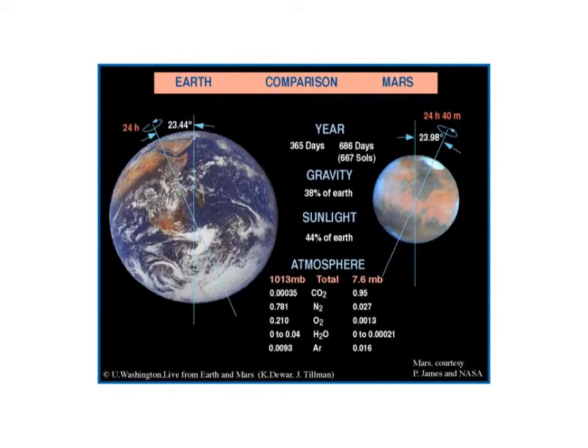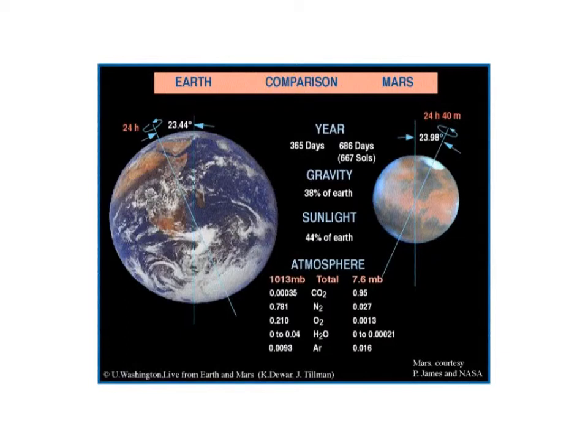Now, we have plenty of plants that grow in the understory of tropical forests that have much less light than this. So, 44% of the light that's present on Earth is not any kind of game killer, any game stopper. The atmosphere is quite a bit different between the two.